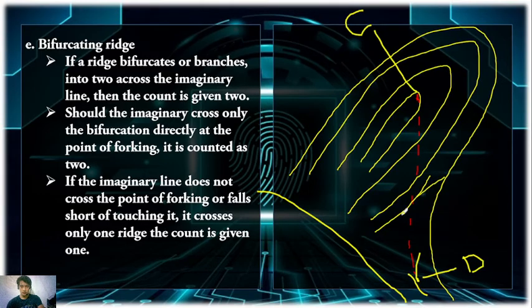Try bifurcation, and then meron pa rin dito. Sabihin natin ganito ang nangyari. And then meron din dito. Sabihin natin sa taas meron din, pero iba na yung itsura. So tingnan natin yung pagkakaiba nitong tatlo na ito.